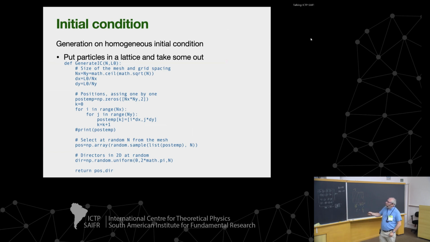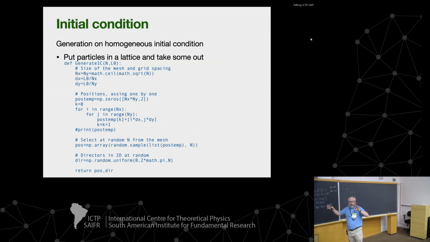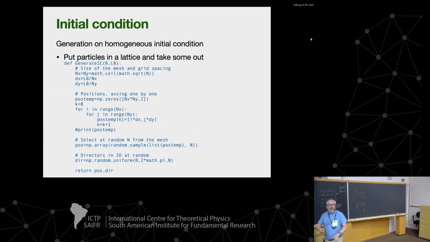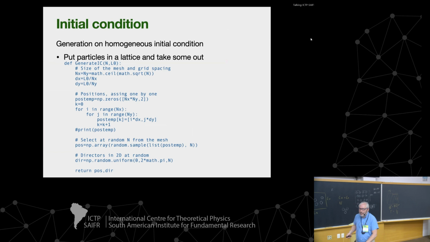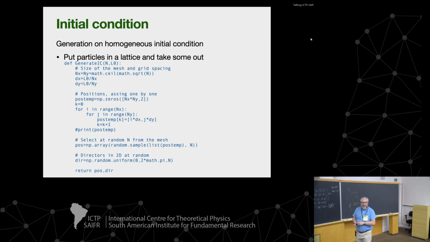And then you randomly sample your n particles from the bigger list. And the holes are evenly distributed and you're not creating large inhomogeneities. Okay, so this is a way.